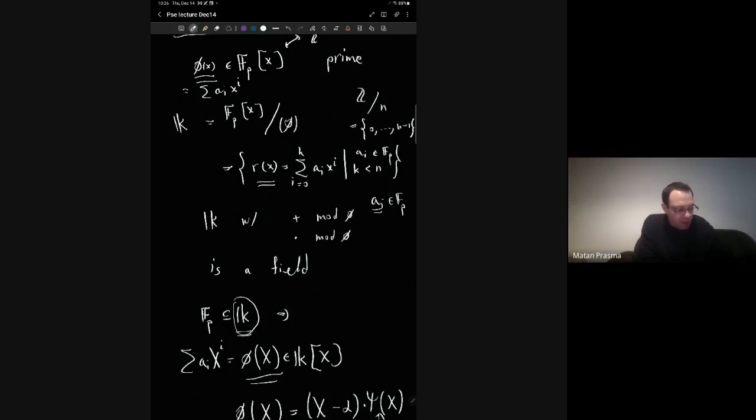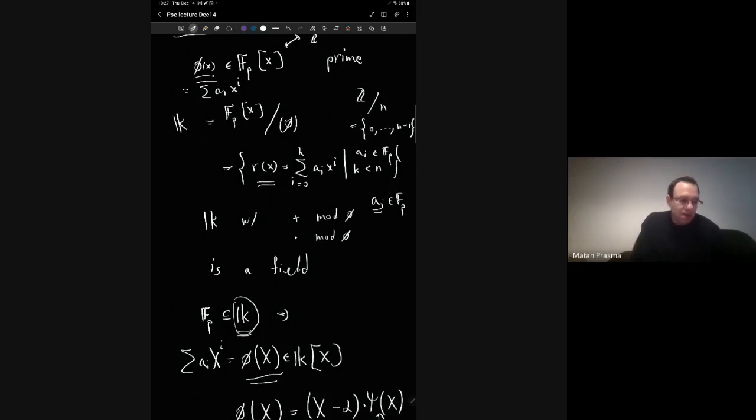And you could say that when I take K with the new indeterminate capital X, then what I actually do is I consider polynomials in two variables. This is kind of technically true. On the level of sets, I am considering polynomials in two variables.